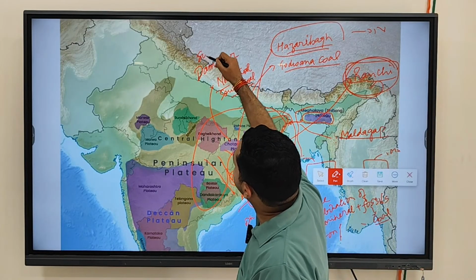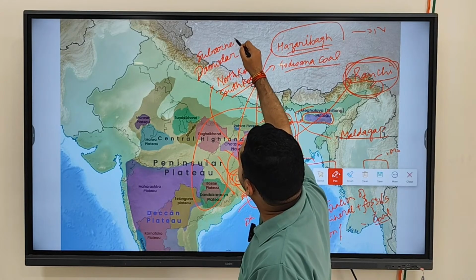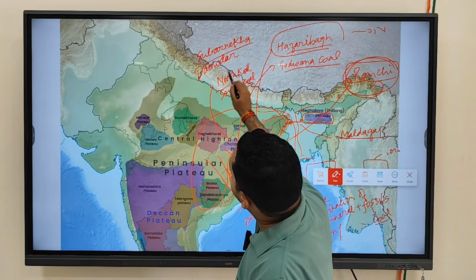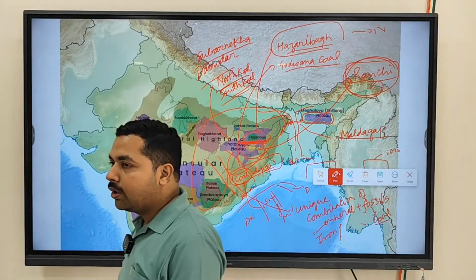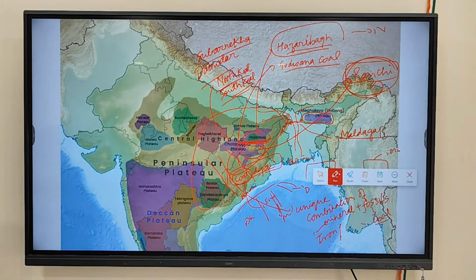All these rivers are originating from the Eastern Plateau. Clear?